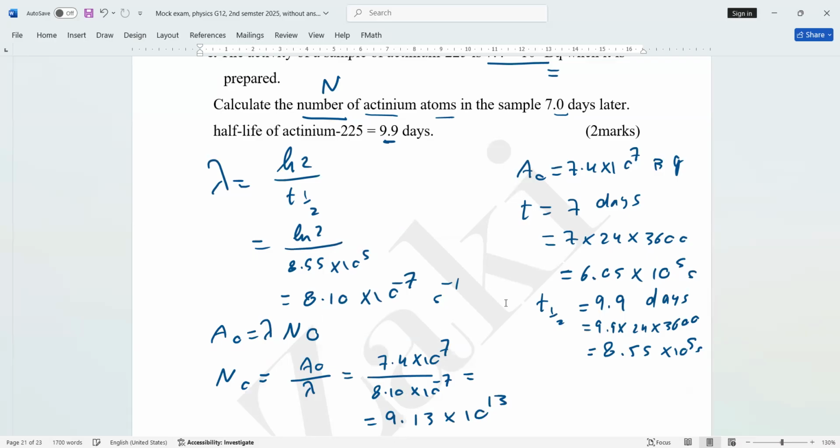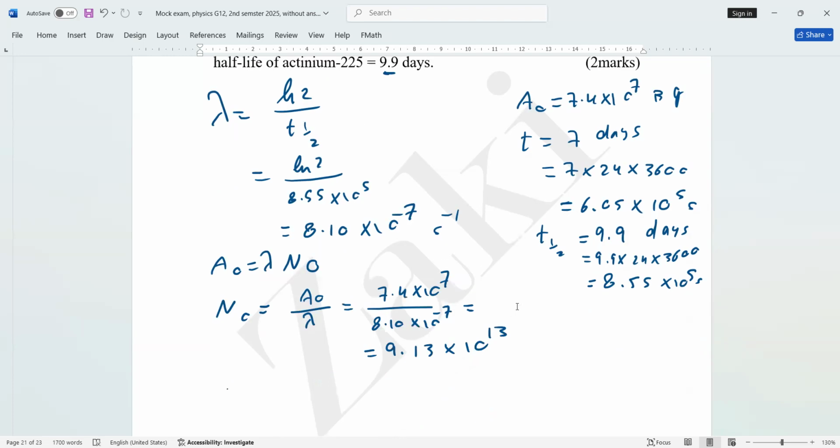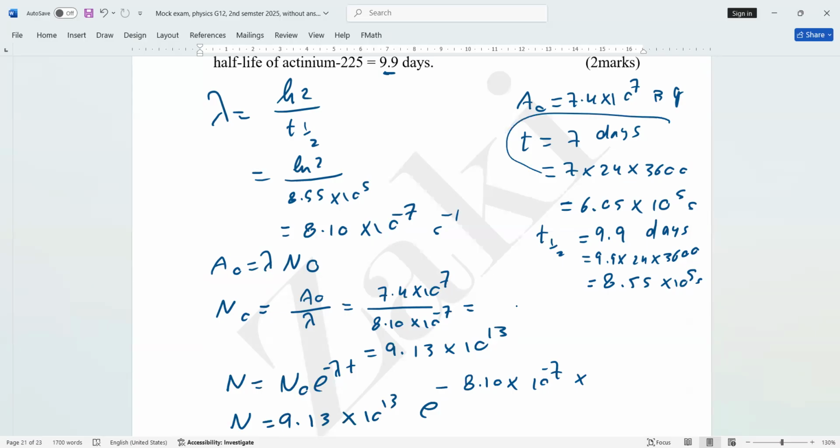Now we need to calculate N. The formula is N equals N naught e power negative lambda t. Then N equals 9.13 times 10 power 13 e power negative lambda, where lambda is 8.10 times 10 power negative 7. T is the 7 days, which is 6.05 multiply 10 power 5.